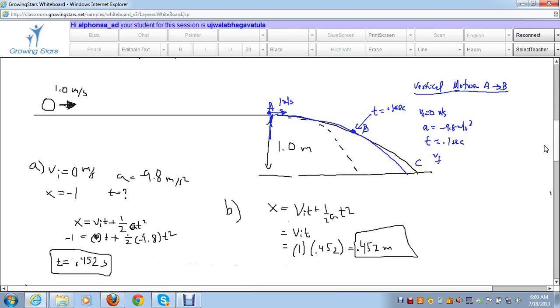So which formula do we use? Vf is equal to Vi plus At. Can you plug in and find out the value? One moment.